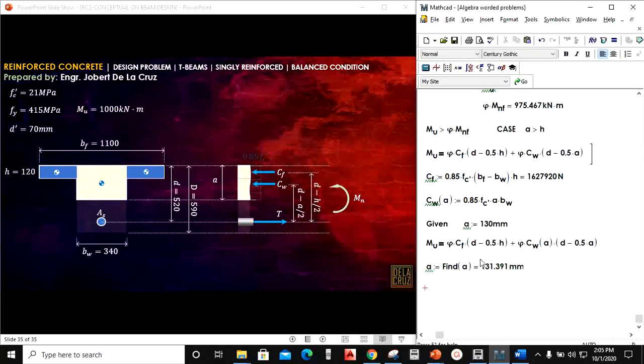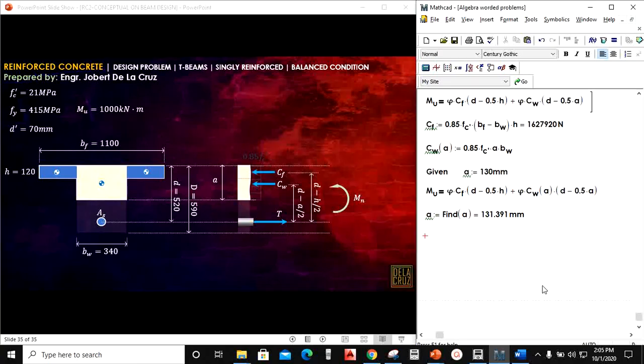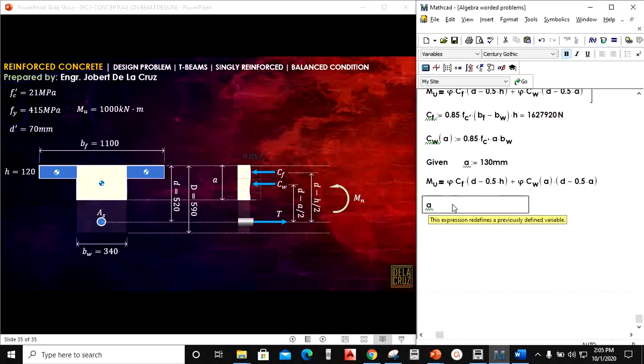Napakaliit lang. No? Lumagpas siya. Pero konting value lang. 131. Ay, hindi pala. 120 pala yung H natin. Okay, lumagpas talaga siya. Now, after this, we can calculate the AS dito. Okay, so again, just equate C is equals to tension.